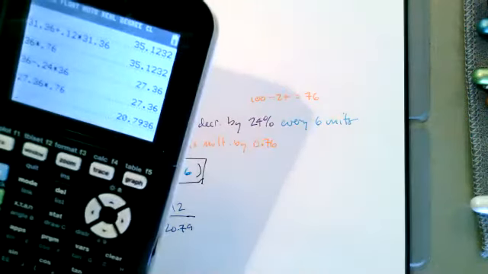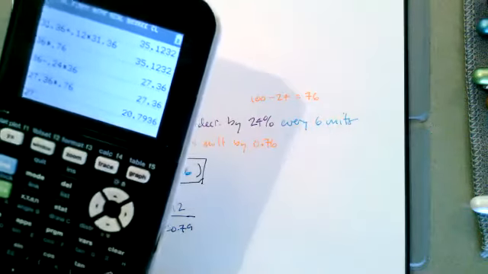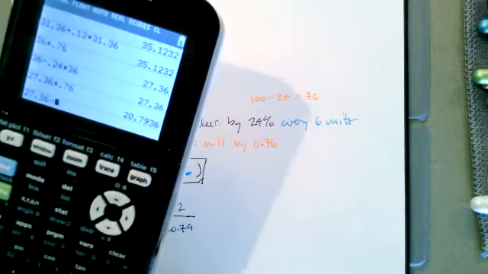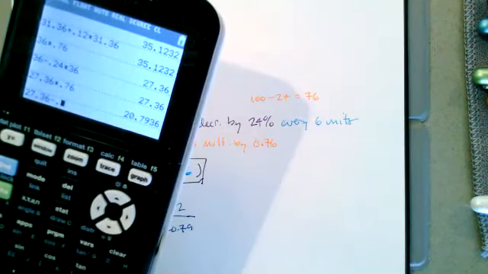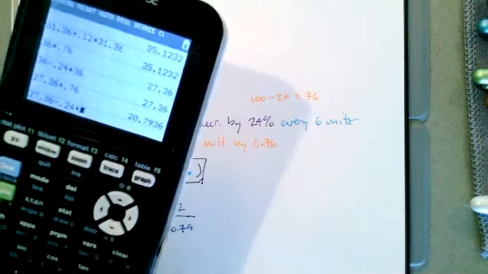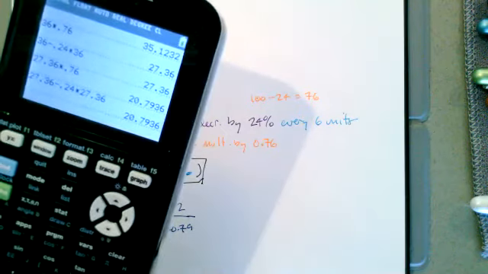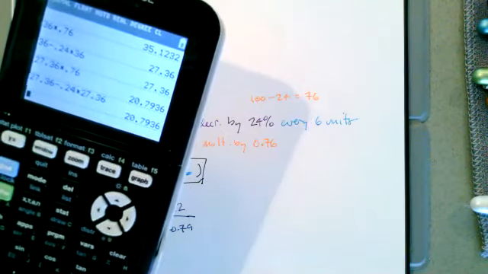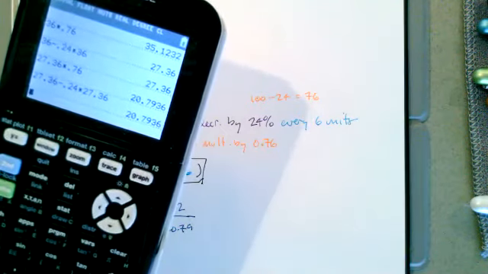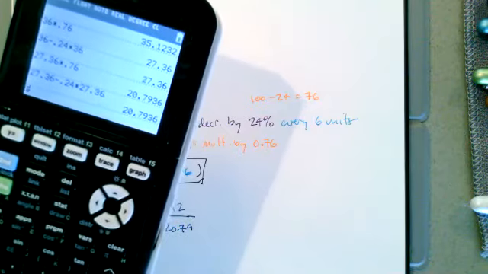We can also take the 27.36 and subtract 24% of 27.36, and we'll be at the same thing. Multiplying by 0.76 is the same as subtracting 24%.